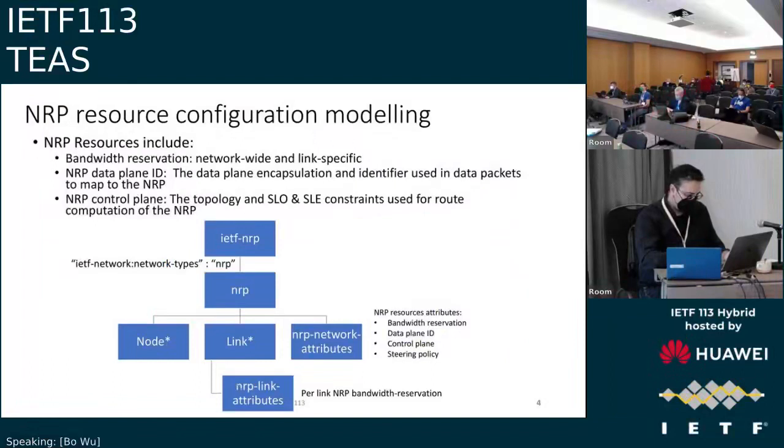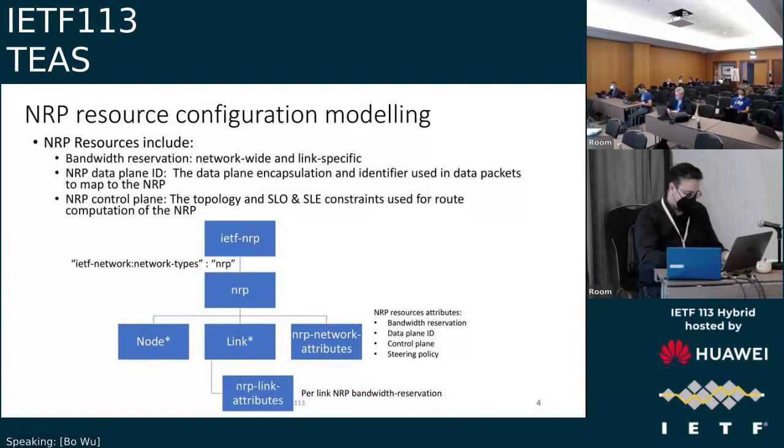Here we are modeling the NRP resources. This is quite different from the NRP policy. We think not only the bandwidth reservation is part of the NRP resource. We are also modeling that an NRP has its own data plane identifier, used in data packets to map to NRP resources.